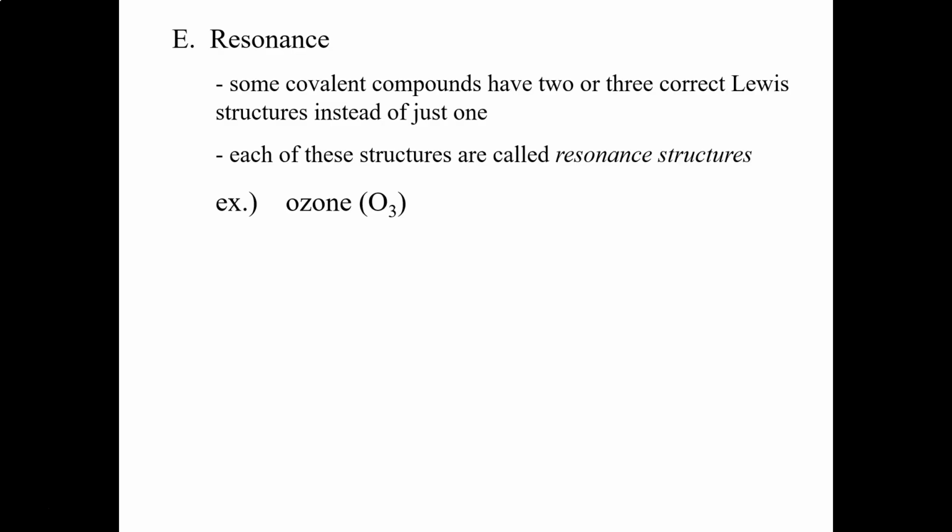So here's what I want you to do. I want you to draw the Lewis structure for ozone. Now, just a little reminder, right? For a Lewis structure, you got to follow the steps. First, figure out how many valence electrons total do you have in that formula. Then, figure out who goes in the middle.